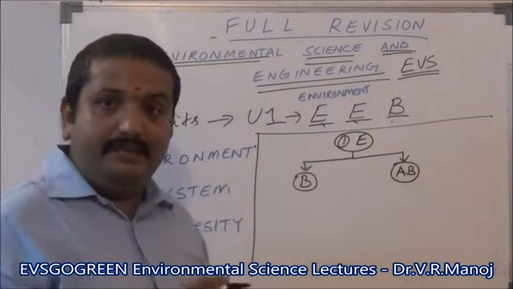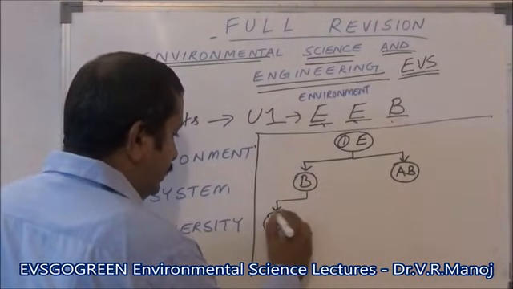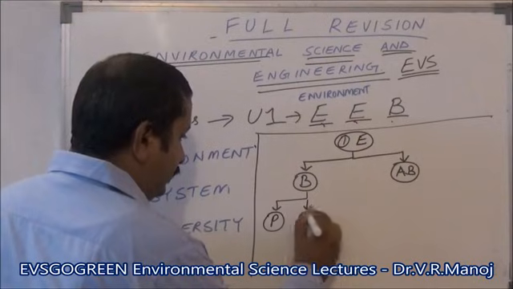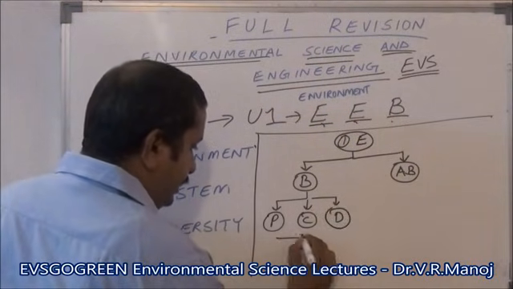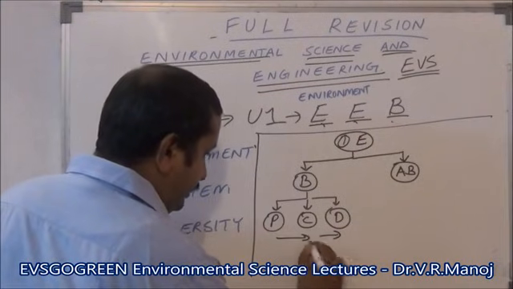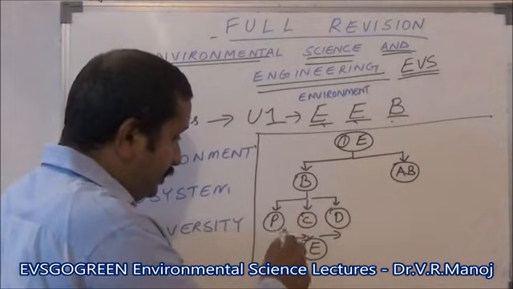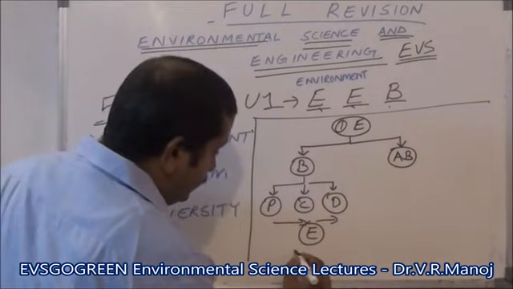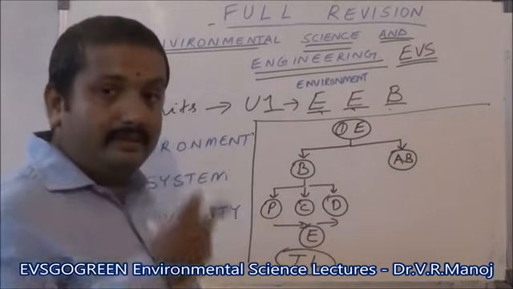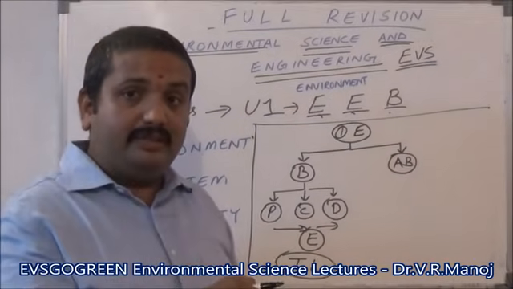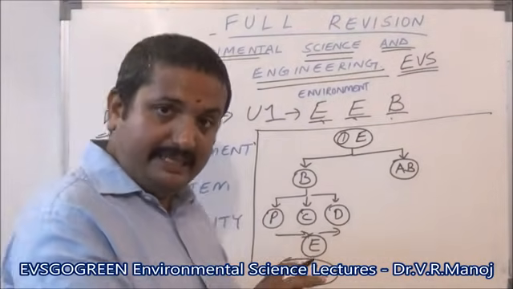Okay, BAB. Biotic components are producer, consumer and decomposer, and they transfer energy, and each level of transfer between the producer, the consumer and the decomposer is called the trophic level. Okay, so I am writing everything in short form so that you can remember it easily as a mind mapping technique.